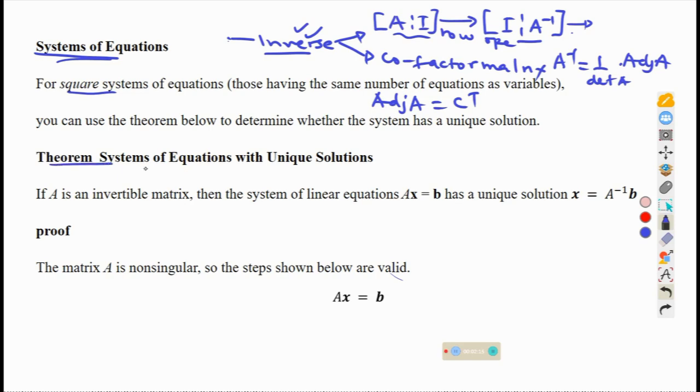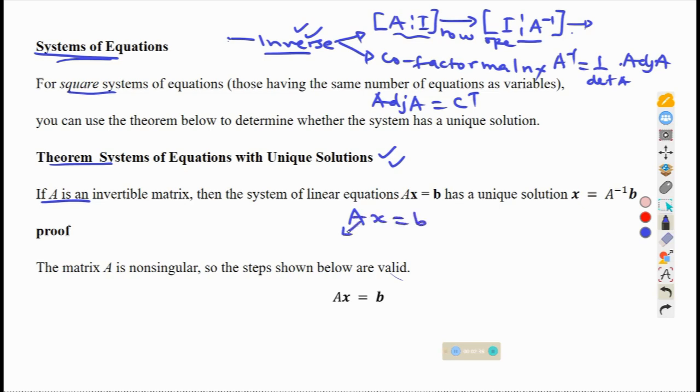And the theorem of the systems of equations with unique solutions says that if you have a matrix A which is an invertible matrix, or in other words, A is a matrix whose inverse can be obtained, then we can easily solve systems of linear equations which are of the form AX = B.